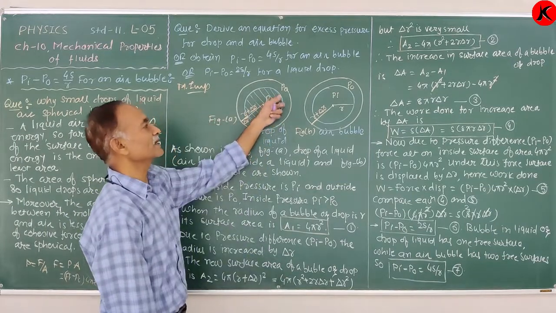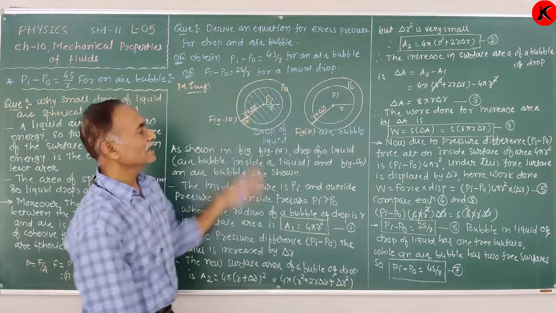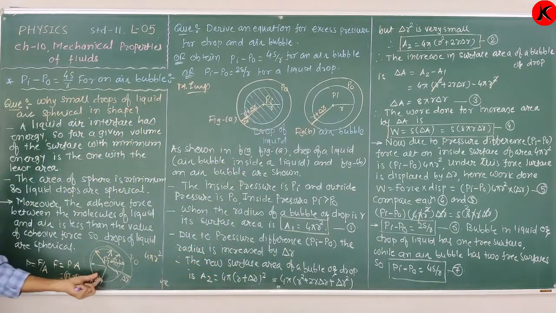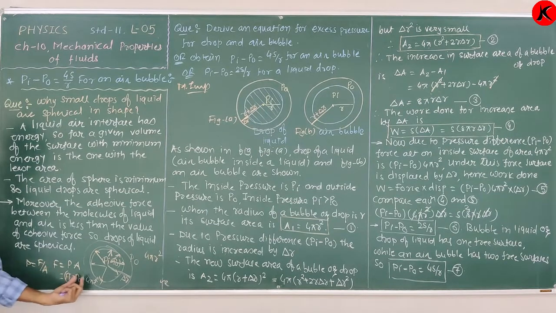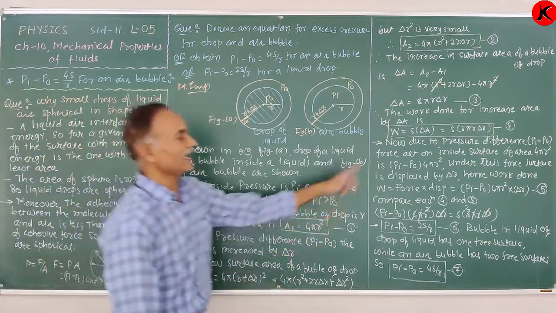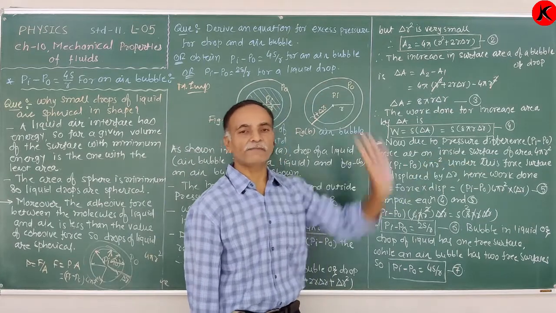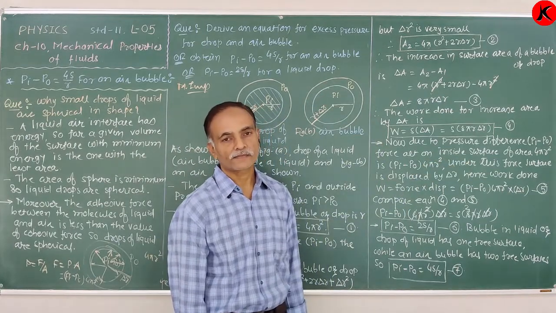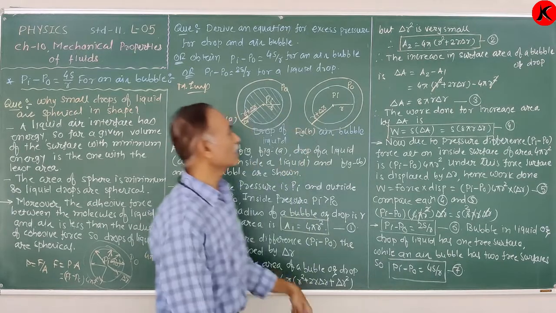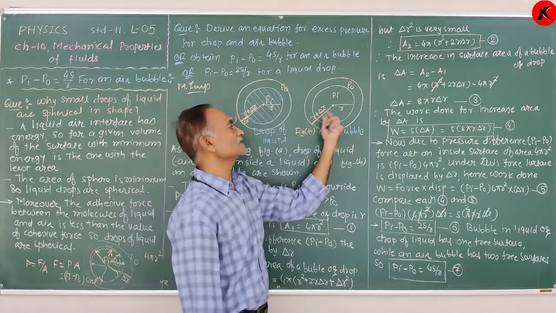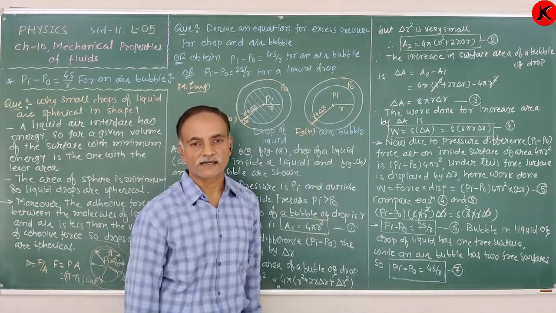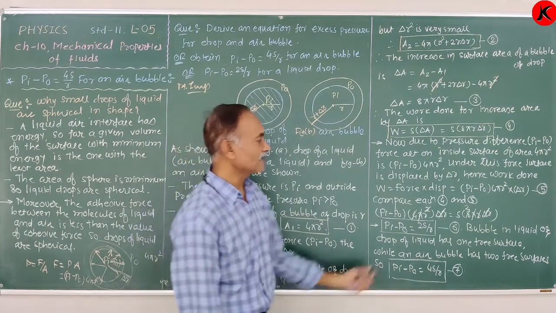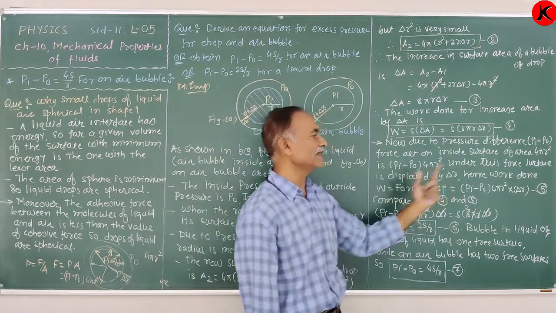This pressure difference Pi minus Po acts perpendicular to the inside surface on the entire surface, that means on area 4 pi r square. Therefore, force is equal to pressure difference into 4 pi r square acting on the inside surface of the bubble or the drop. As a result, the surface is displaced by distance delta r.